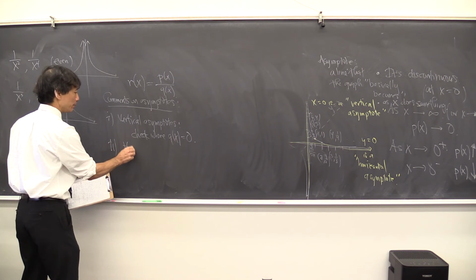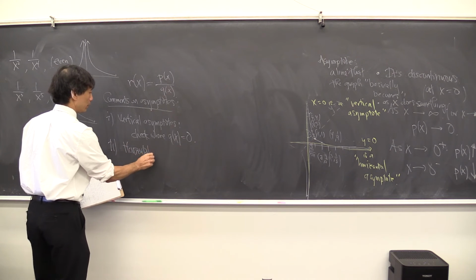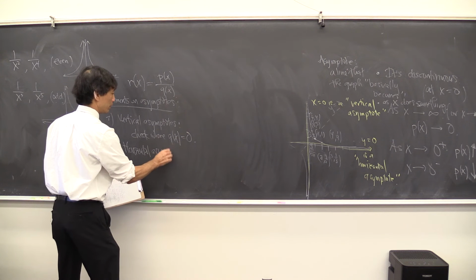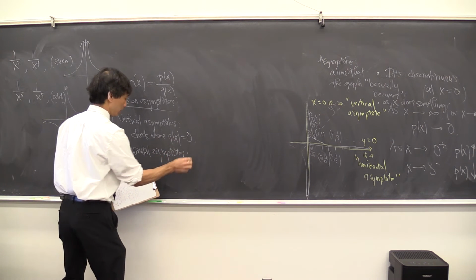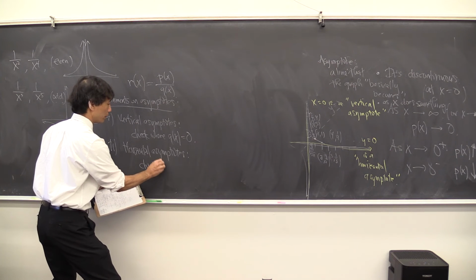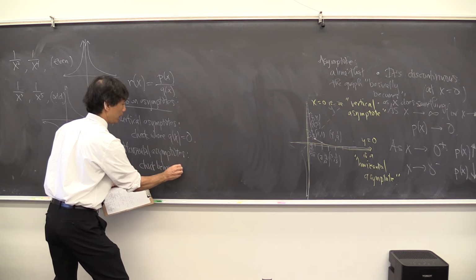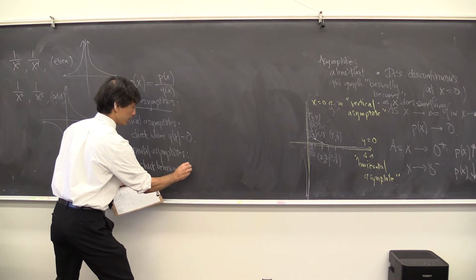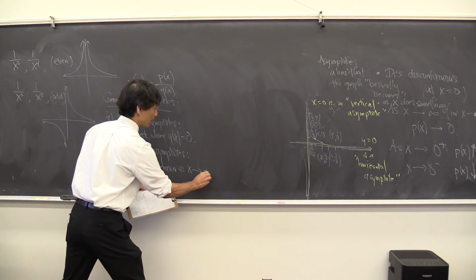And then for horizontal asymptotes, you check behavior as x goes to plus or minus infinity.